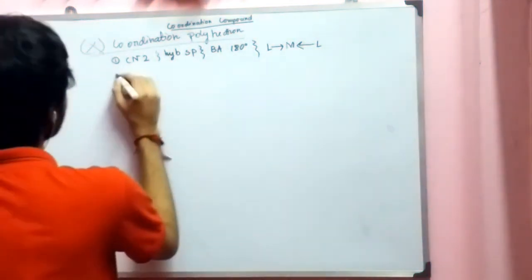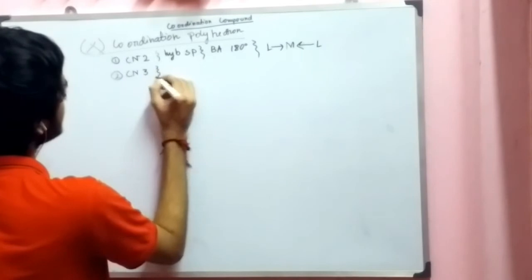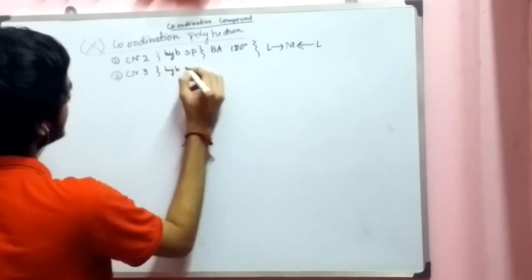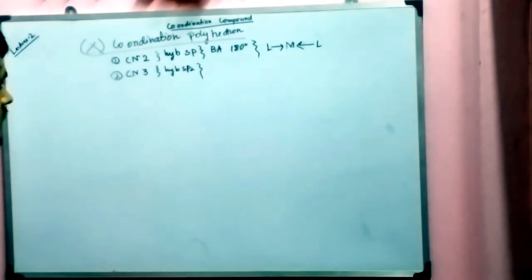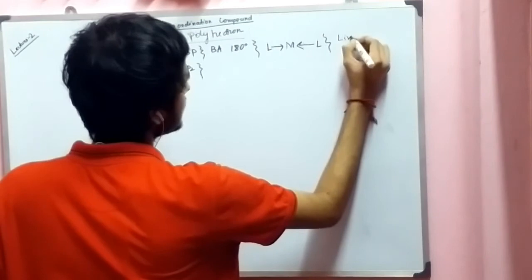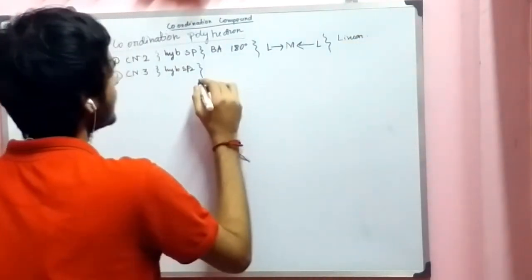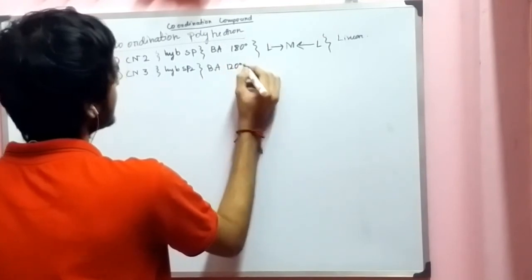And the second point, if the coordination number is 3, then the hybridization is sp2. I have forgotten to write the shape. The shape is linear. Here the bond angle is 120 degree.